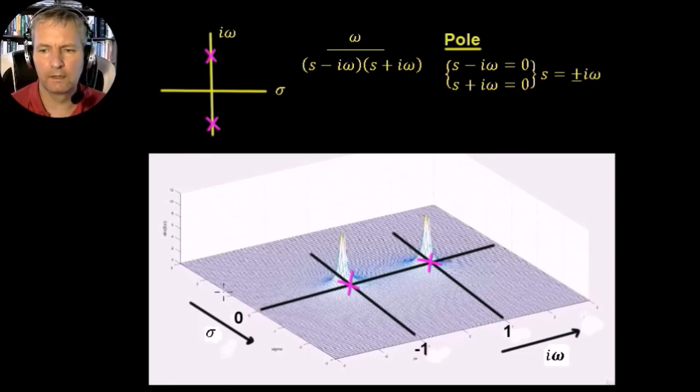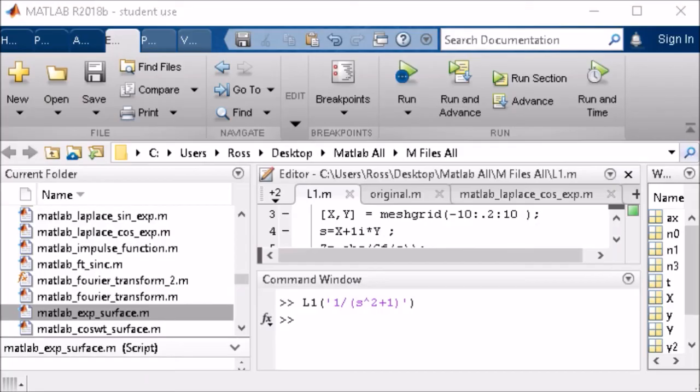So in Matlab, again, you can get an output here. We have i omega along this axis, sigma along this axis, and we've got our two poles at minus 1 and plus 1 on the i omega axis. So let's go ahead and have a wee look at that live in Matlab. Now we'll look at the sine function. The sine function is going to be given by 1 upon s squared plus 1.